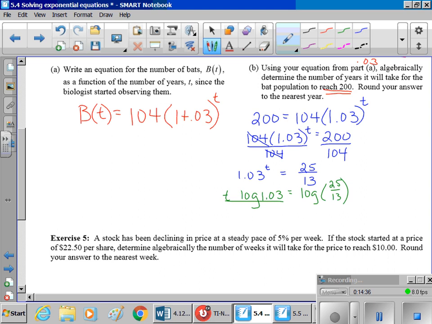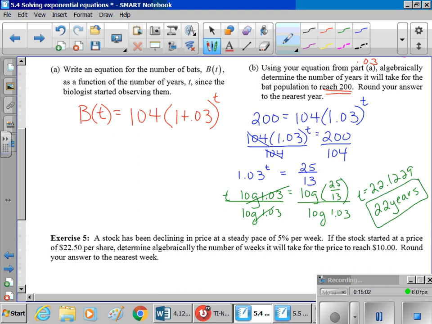We're going to divide both sides by log 1.03. These cancel. But when you put this whole thing into your calculator, t turns out to be 22.1229. And it says round your answer to the nearest year, so it's going to be 22 years.